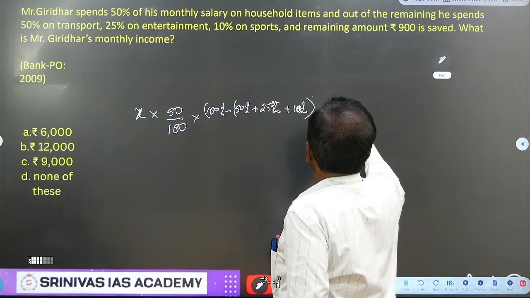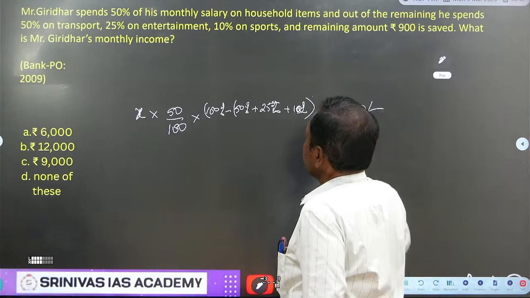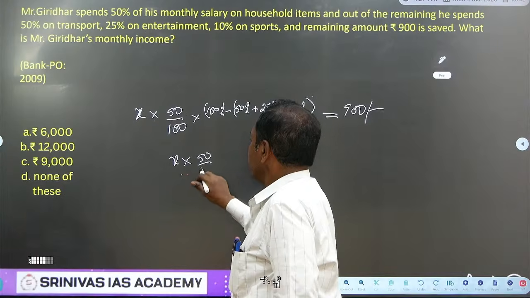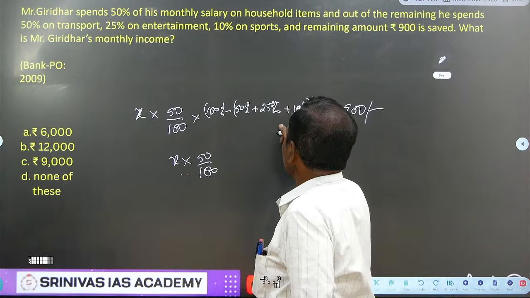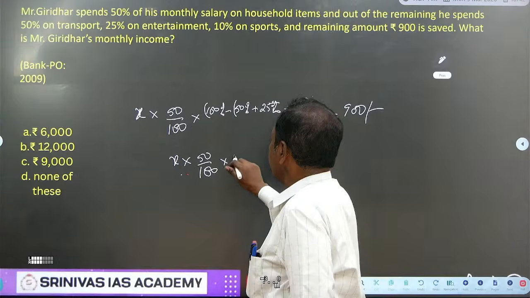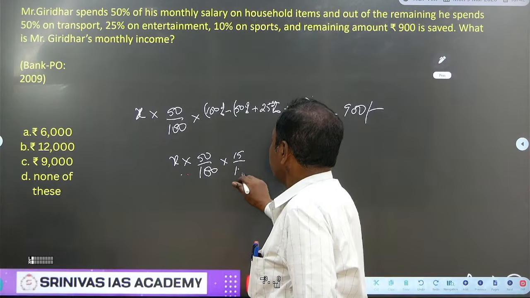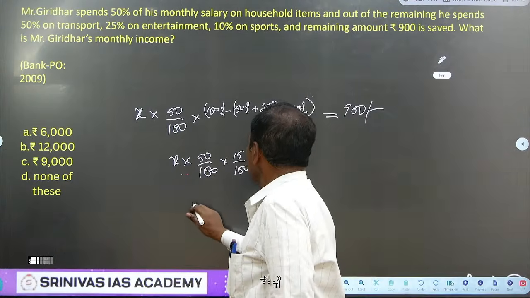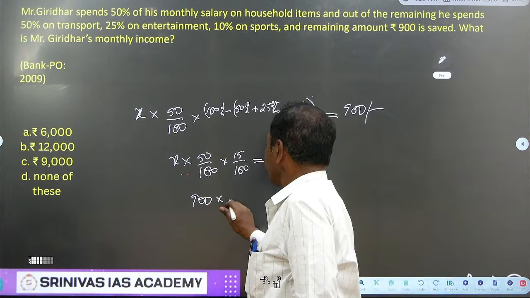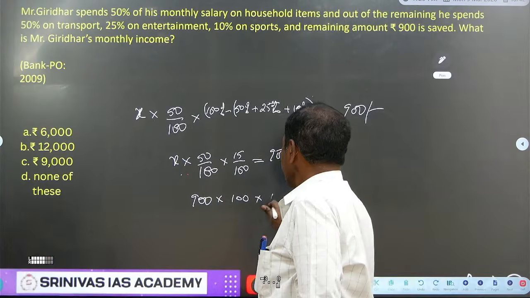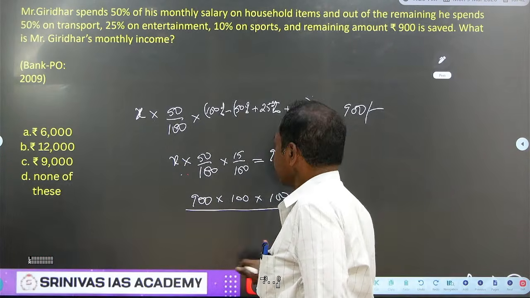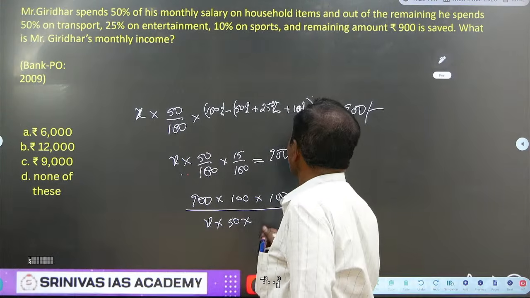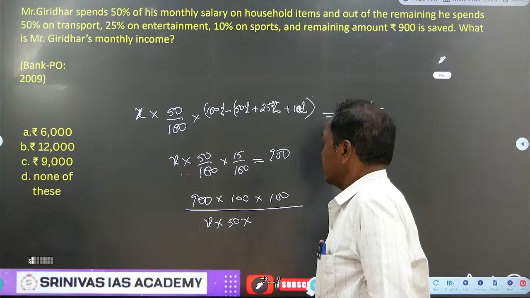And is left with rupees 900. That is the thing. Now X into 50%, 50, 75, 85. Straight away you can take 15% is 900. Now calculate. 900 into 100 into 100 by X into 50 into what is that?